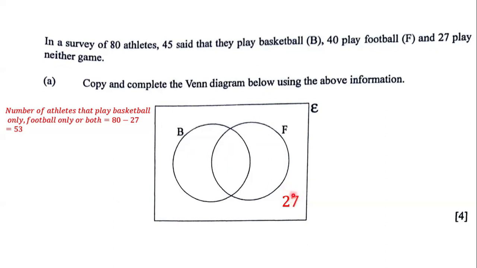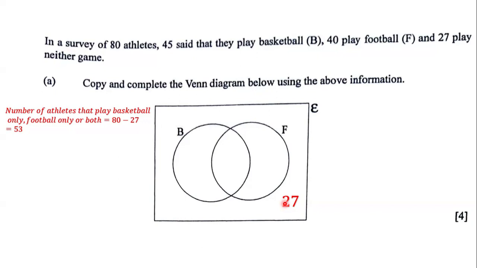So 27 people would fall into that category. Among these 80 athletes, we know 27 of them play neither football nor basketball.